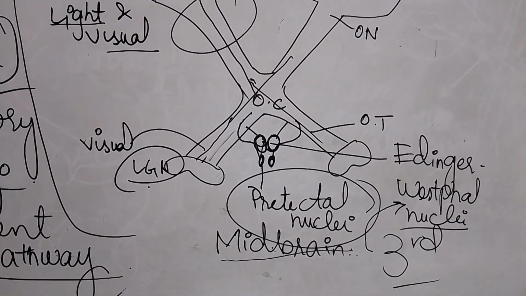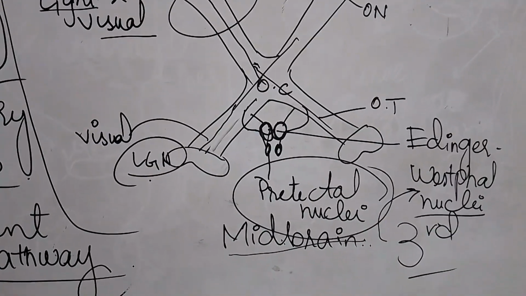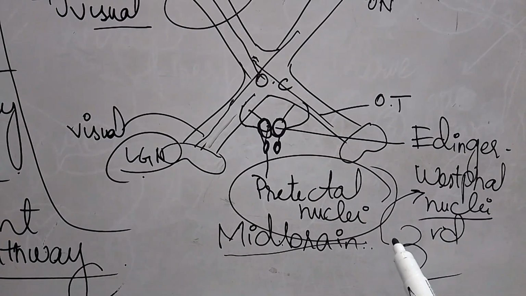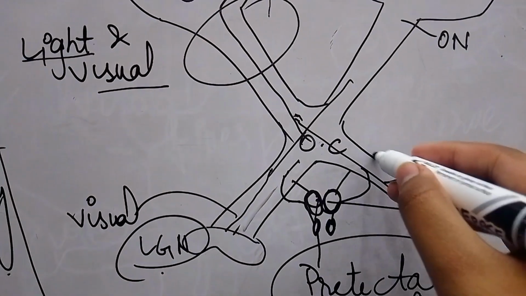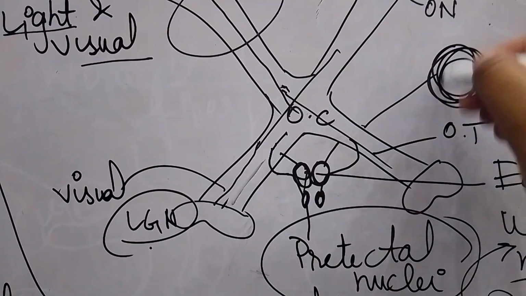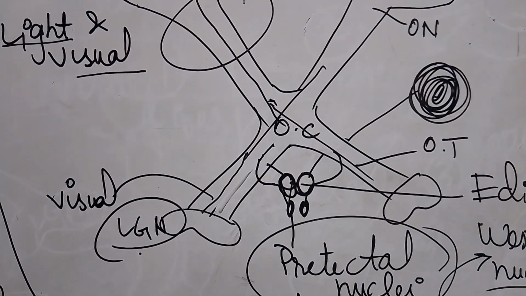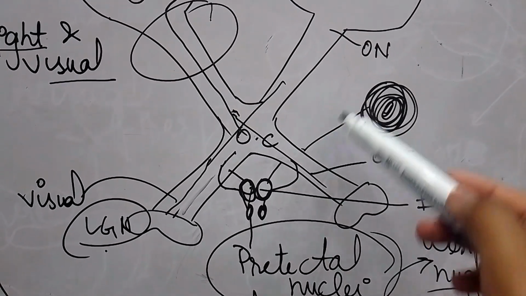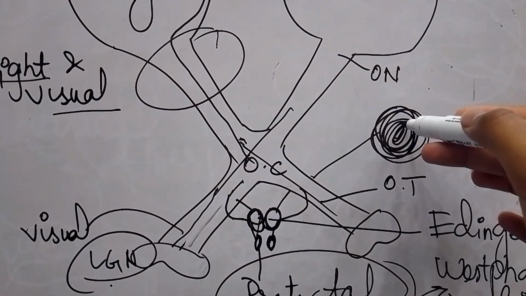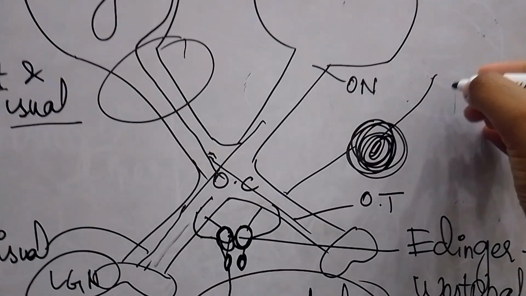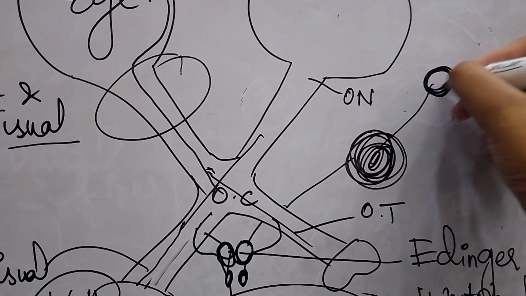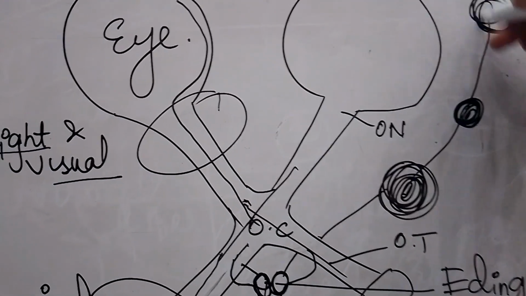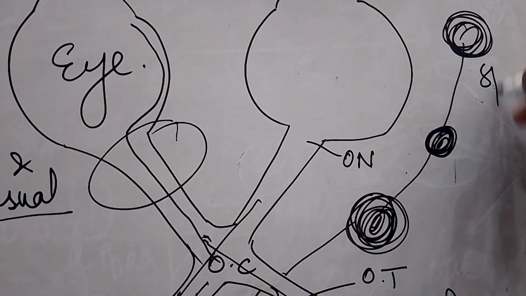Now from the Edinger-Westphal nucleus, the third cranial nerve sends the information to the ciliary ganglion, which is basically a bundle of nerves. The ciliary ganglion will transfer the information to the short ciliary nerve, and from the short ciliary nerve the information is sent to the pupillary sphincter muscle.